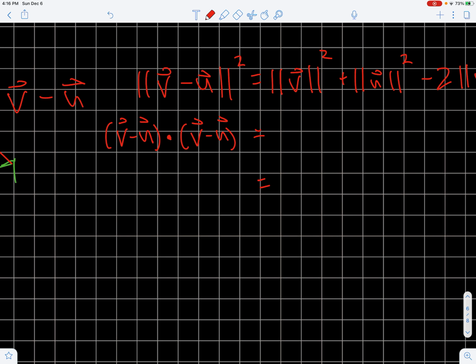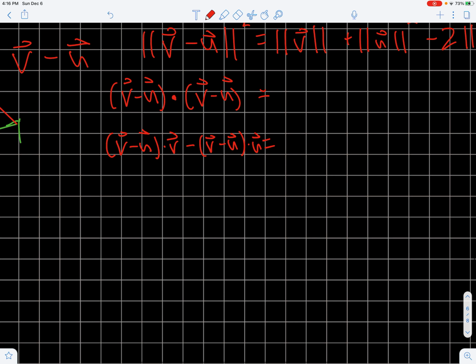So all this mess is equal to v minus u dot v minus v minus u dot u. I distributed this across this. I foiled it, kind of. All right.